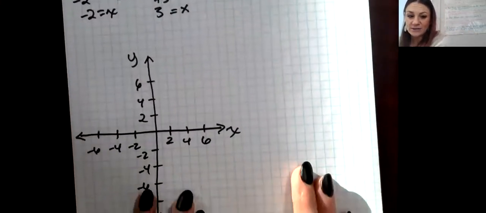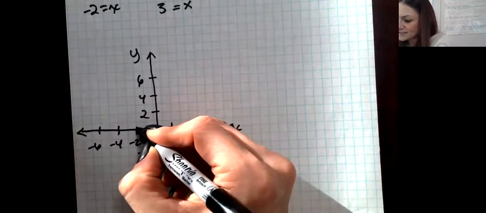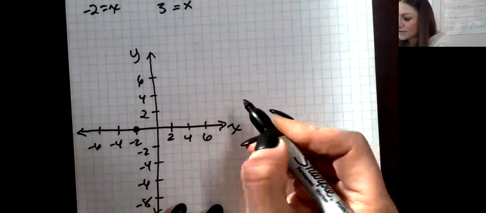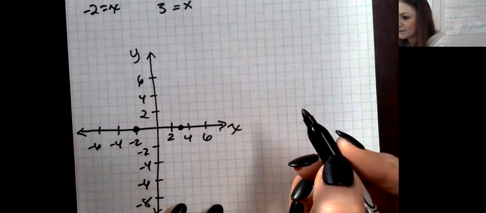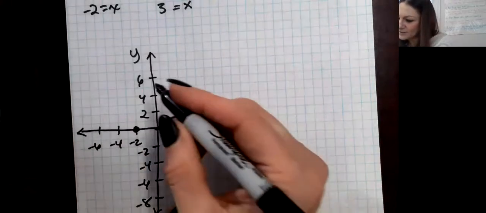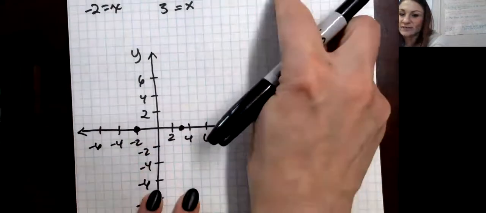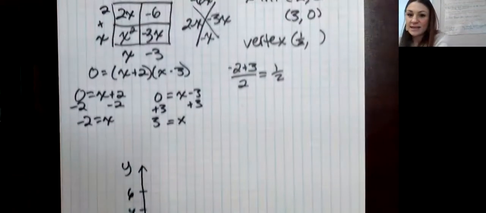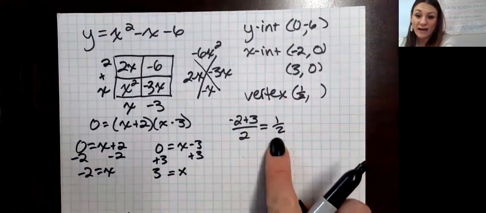So if we come down to our graph, we have our two x-intercepts, which are (-2, 0) and (3, 0). I want to find the middle of those, which you can count in, or we averaged it, which would be 1/2. That is the x value of the vertex. How do I find the y value?